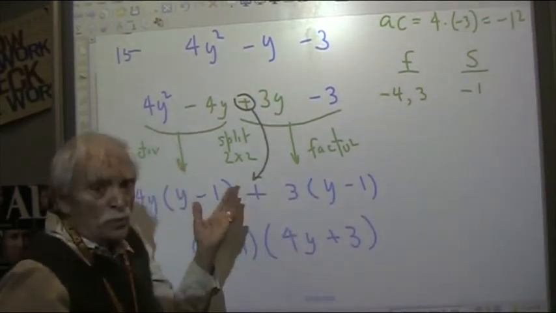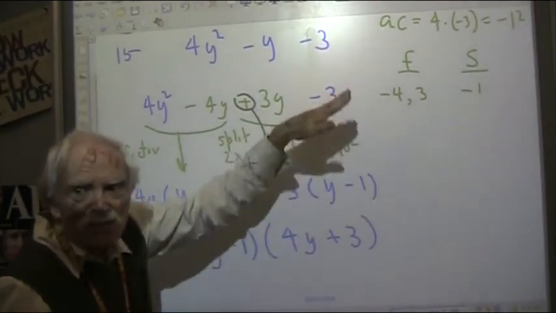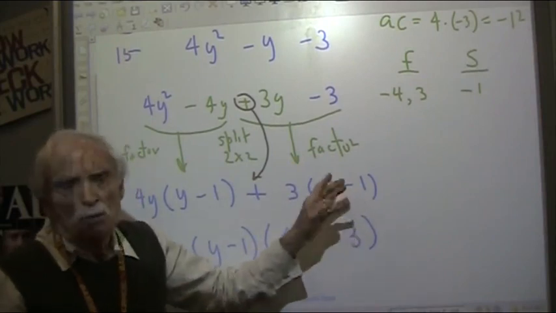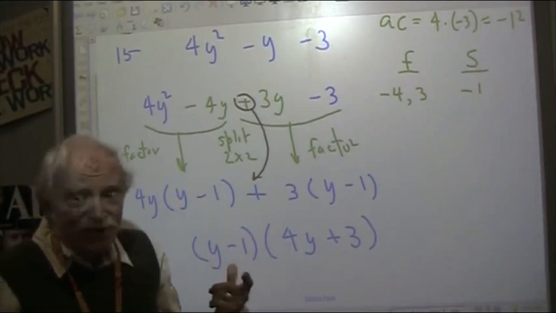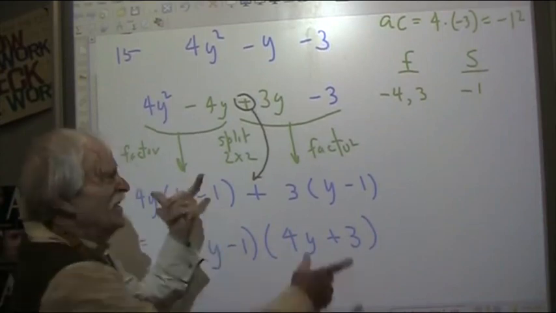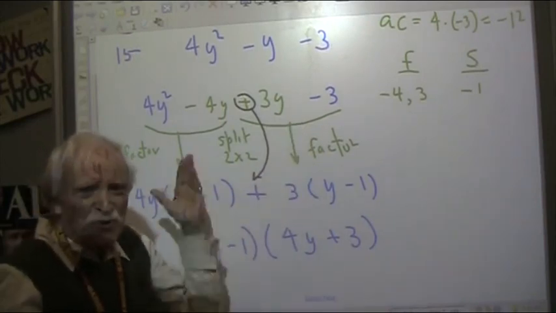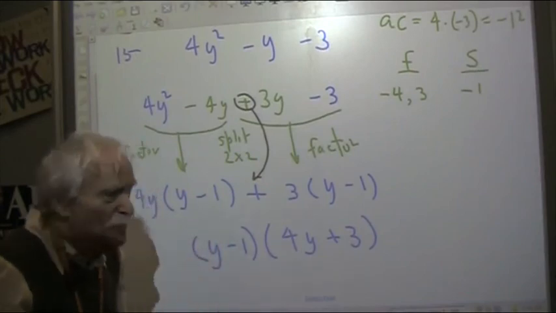What happens oftentimes is that you'll get your signs mixed up, and you'll have in here y plus 1, whereas over here you have y minus 1. They're different. They can't be. So you have to go back and find out why they're different before you move on. Make sense? Okay. Perfect job, ladies.